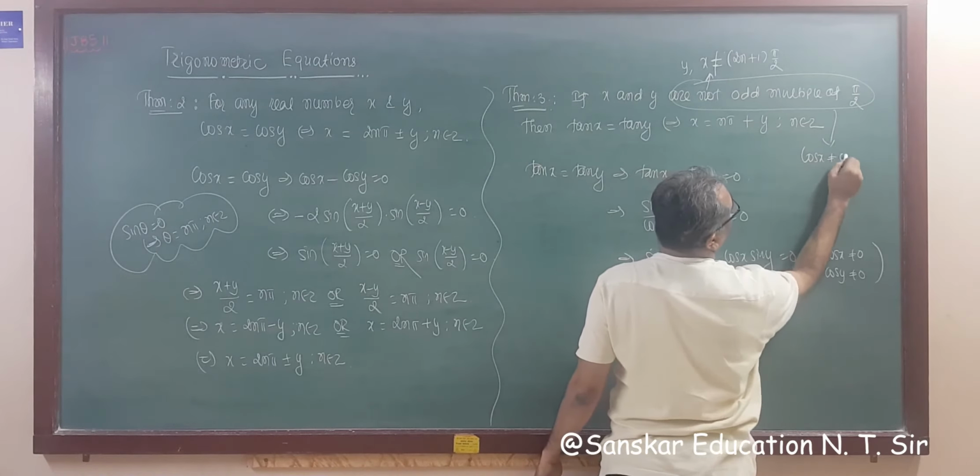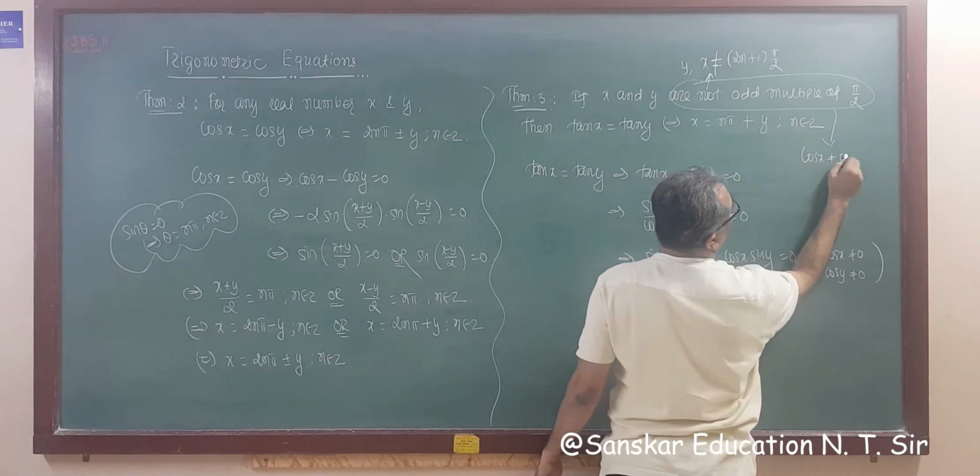So x minus y is equal to n pi, n belongs to Z. Taking y to the right hand side, this becomes x is equal to n pi plus y, n belongs to Z.